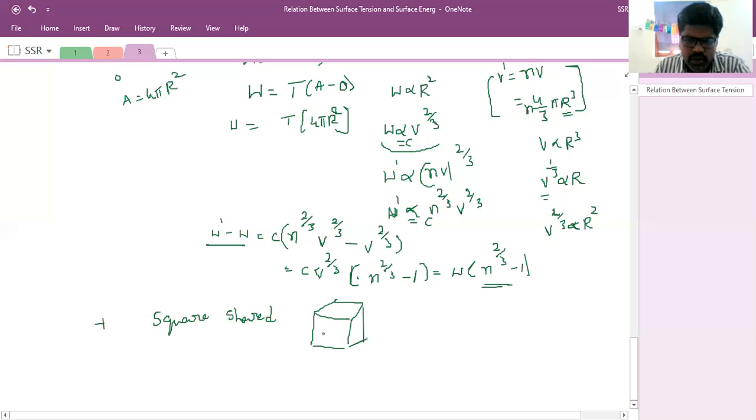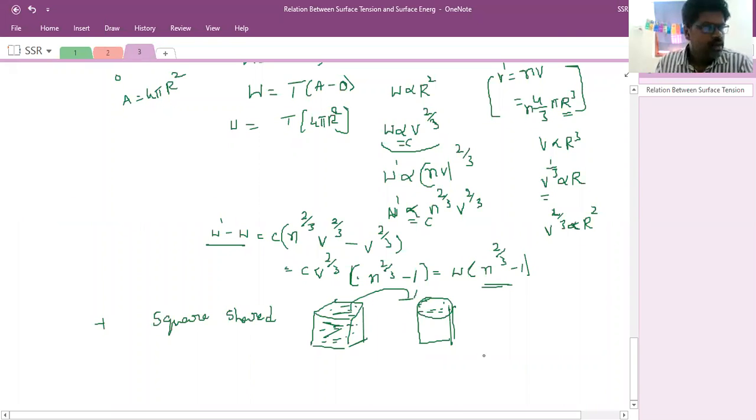The surface is like a square. It is taken into a cylindrical container, where the surface is like a circle. So the liquid is taken from here to here.